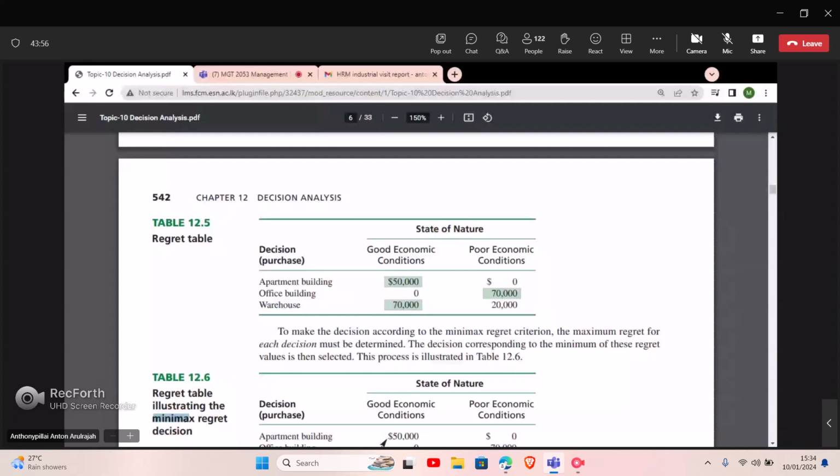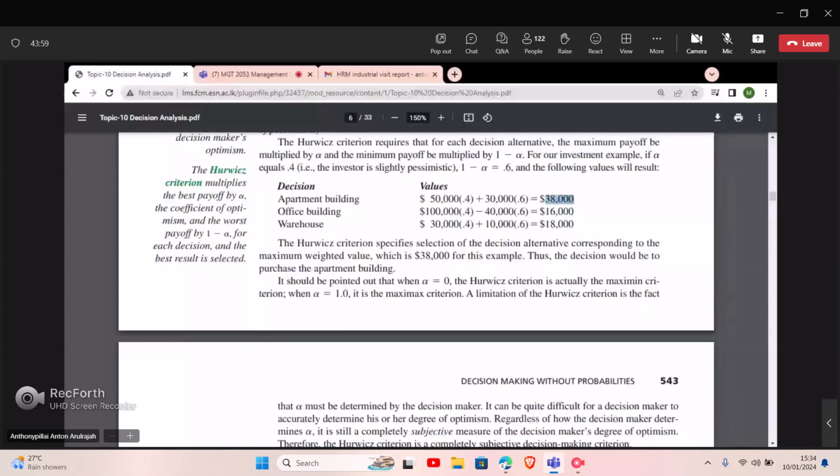Here 30,000 multiplied by 0.4, plus 10,000 multiplied by 0.6, that is 18,000. So by adding both good and bad, we can take the final values. According to this Hurwicz, like 30,000 is, for example, decision to purchase. So they compare these three and take the highest one. That is relatively easiest.